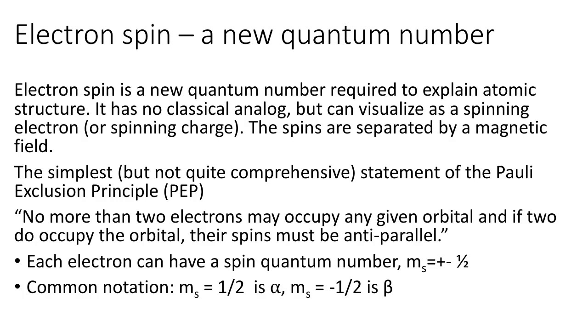Okay, and so what do we mean by anti-parallel? We call them up or down. In this case, we're just going to assign them spin quantum numbers. So m sub s is plus 1/2 or minus 1/2. The plus 1/2 we typically refer to as spin up, minus 1/2 as spin down. We are going to use new notation in the class where we call the spin up alpha and the spin down beta.